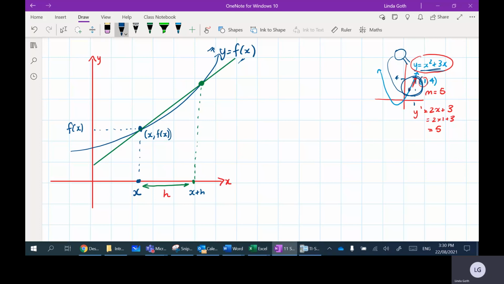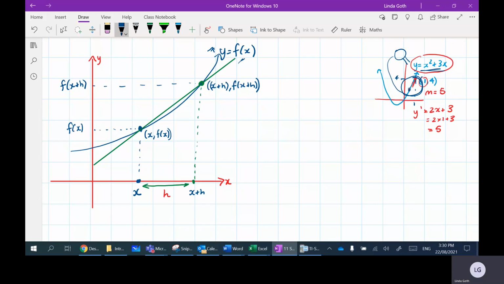I've added a value of h, so this is x plus h. What's this point here then? Well, it's the point x plus h, and to find the y value, I have to do f of x plus h. Okay, so this is the point x plus h, f of x plus h.